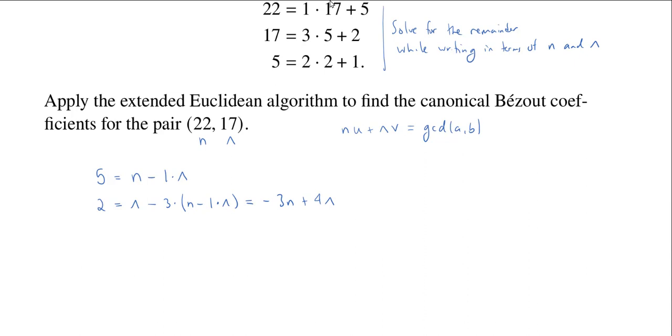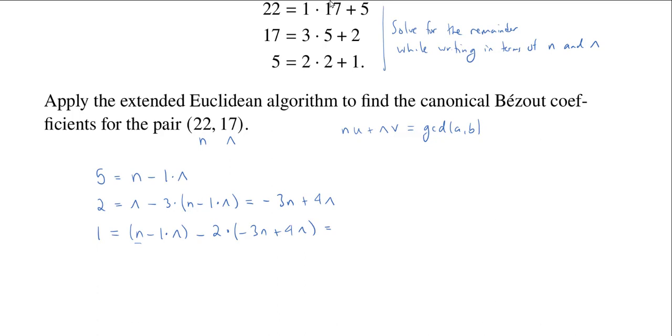All right, now I go to the bottom line. 1 is equal to, let's see, it's going to be a 5. But we already know 5 is n minus 1 wedge, minus 2 times 2. And 2 is negative 3 n's plus 4 wedges. And now we can simplify. We count how many n's. So let's see, here we have 1 n. And then over here we have minus 2 times minus 3 is 6 n's.